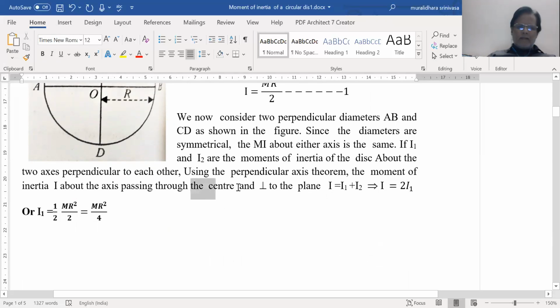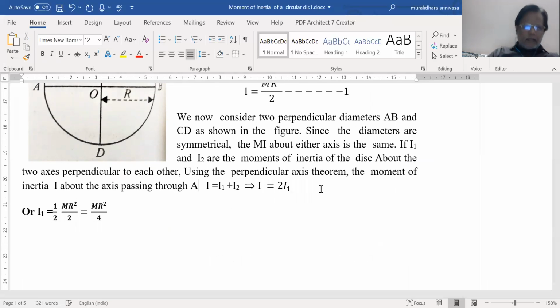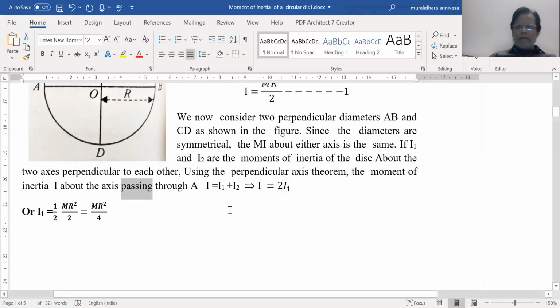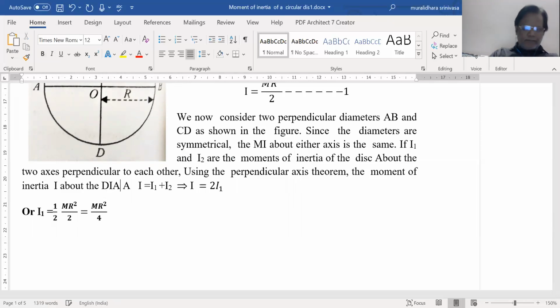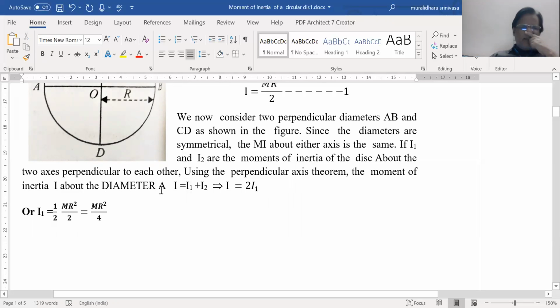About the two axes, using the perpendicular axis theorem, the moment of inertia I about a diameter, let us say, is I equal to I1 plus I2. Therefore, I is equal to 2I1, or I1 is equal to mr squared by 2 into half.